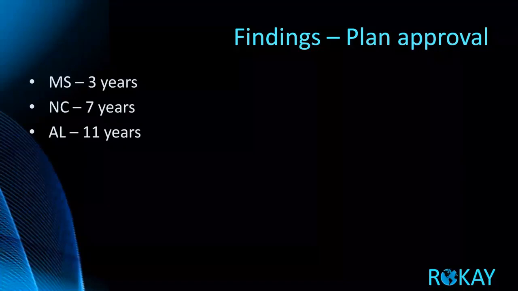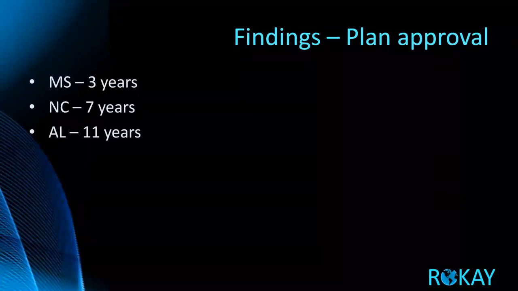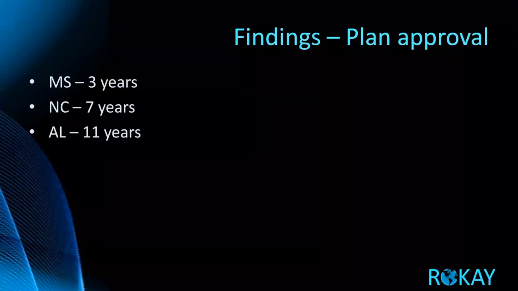CMS issues a conditional approval and says, okay, state, here you go, we approve it, make sure you get that DCA approval. But after 11 years, CMS has obviously never gone back to see if that state ever got the DCA approval. They've just been processing their Medicaid claims, and it's not until OIG comes through with an audit years later that they figure that out.